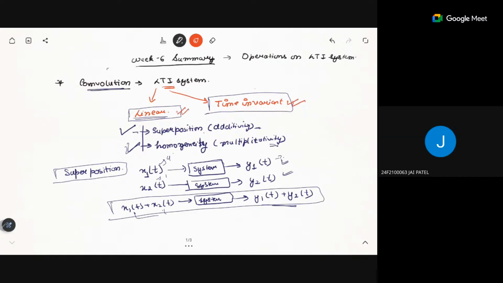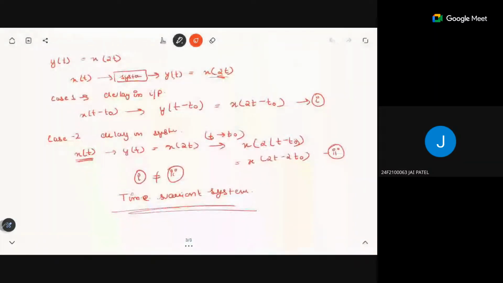There can be a trick question where it's asked to perform convolution on something, but you should firstly check whether the system is LTI or not. If the system is LTI, then only convolution is possible on the signals. Okay, so getting very late, so let's quickly start with the convolution.